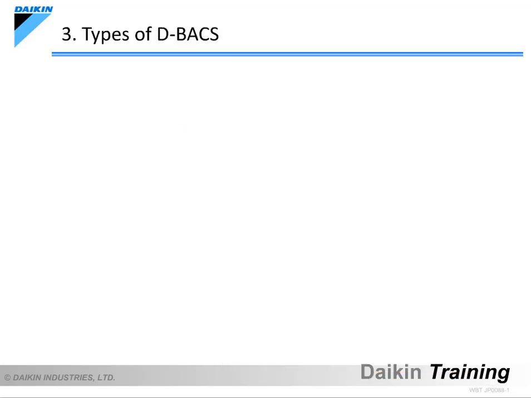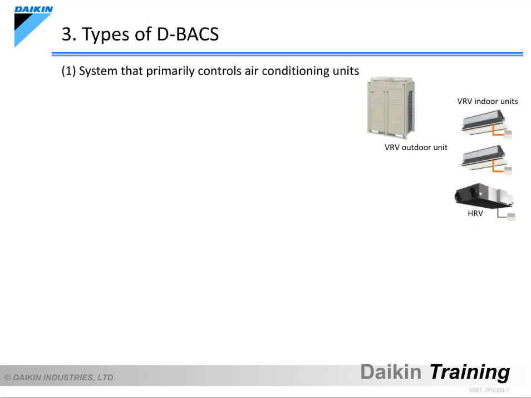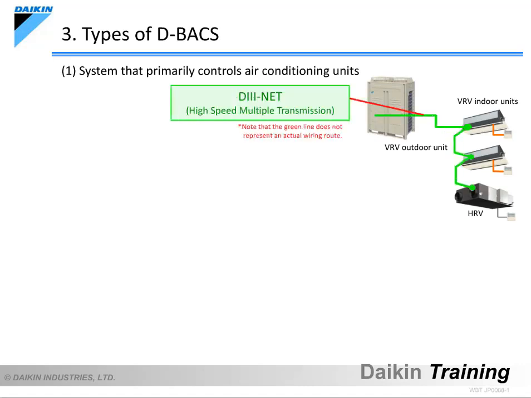Let's now take a look at the different types of Dbacks equipment. When the main focus of control is on air conditioning units, D3net is used as a communications system between the indoor and outdoor units. D3net is a signal transmission wiring system that has been developed specifically for Daikin's VRV and HRV systems.